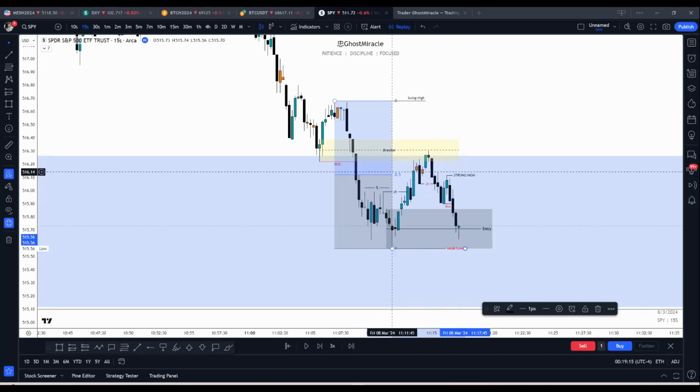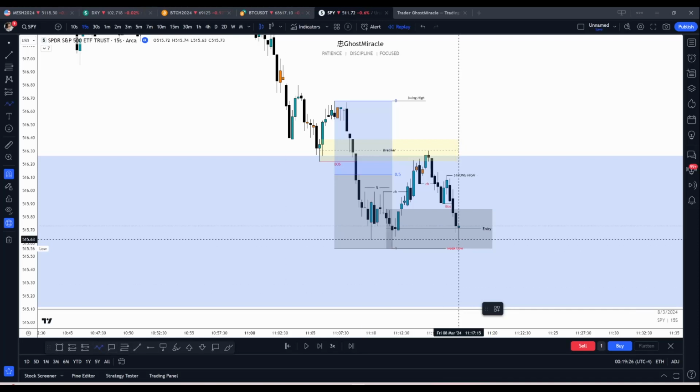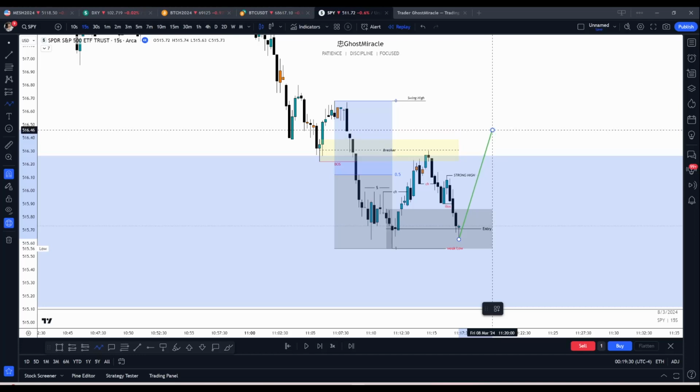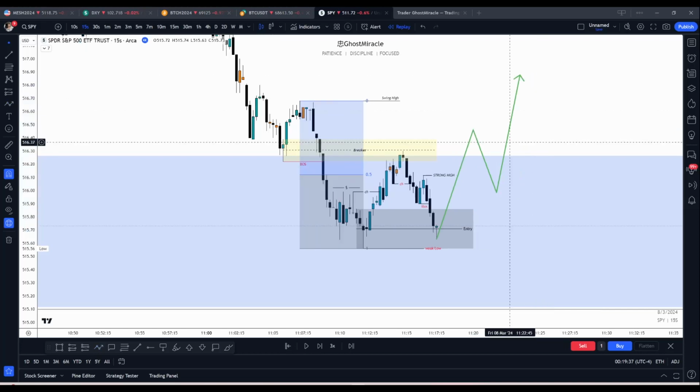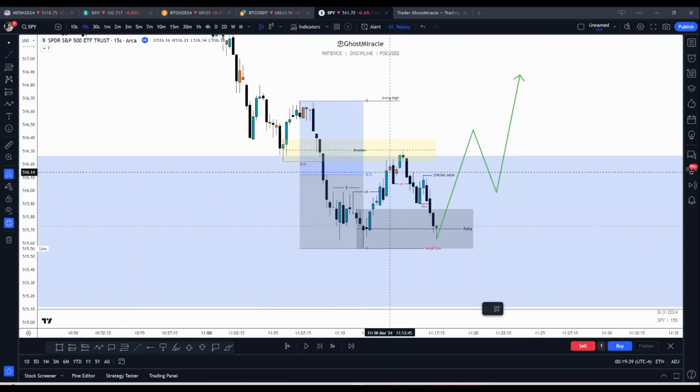So in the grand scheme of things, this low is expected to fail once price comes back down without breaking this high. There is a chance that if this was a valid change of character, price would do something like this, where it would come into your entry, give you another break here, and then maybe use this area as a breaker and continue to break that high.